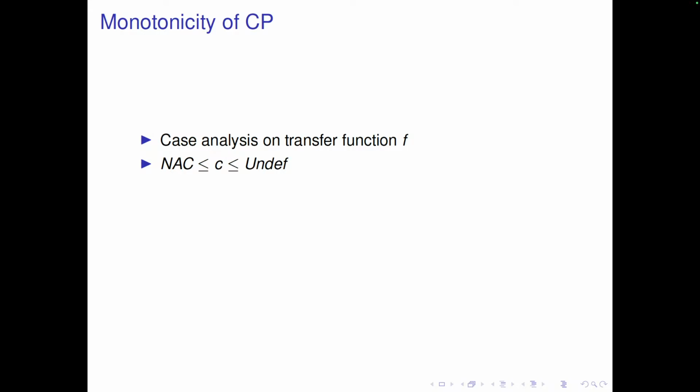So you will discover y plus 5 to be not a constant. 5 is a constant, so this is 5. So z is 5 and y is not a constant.